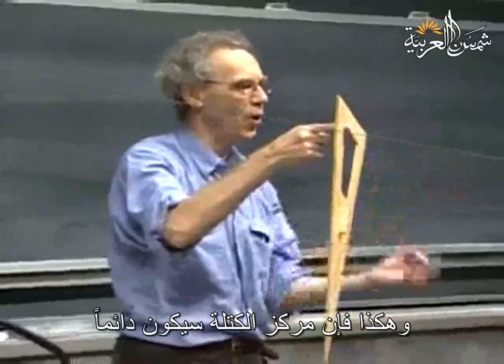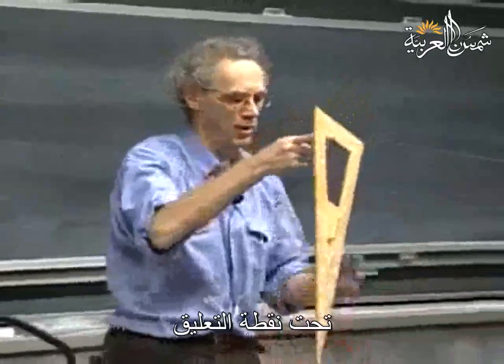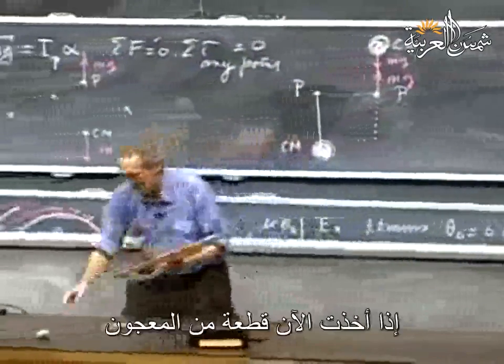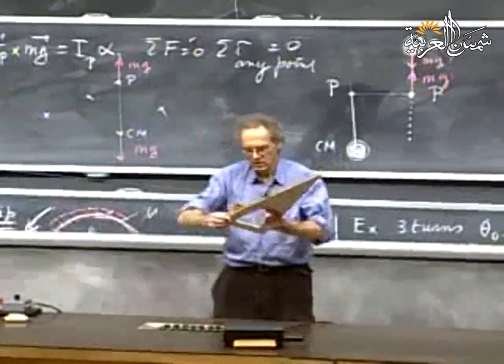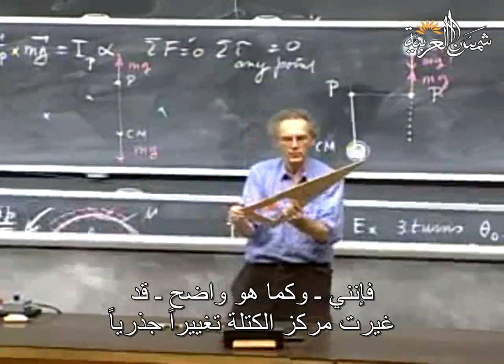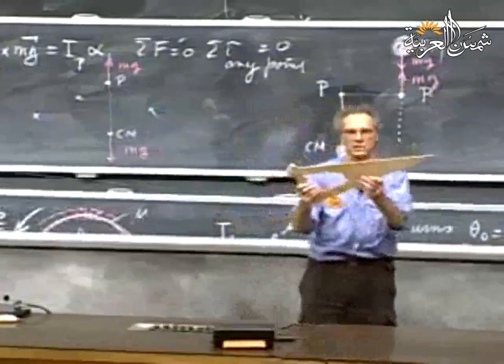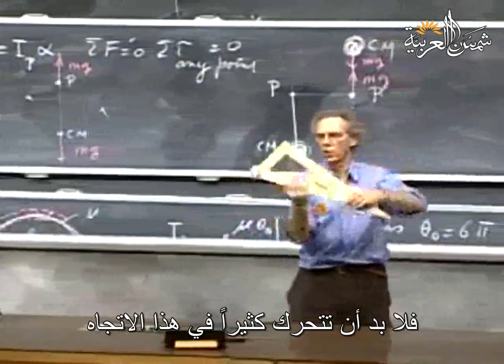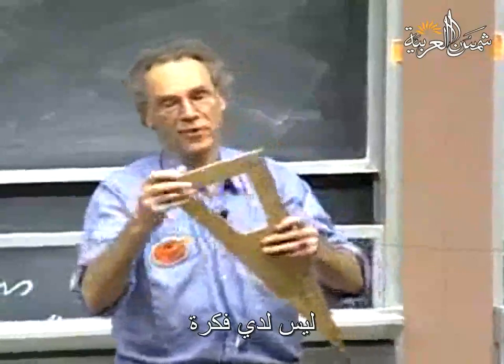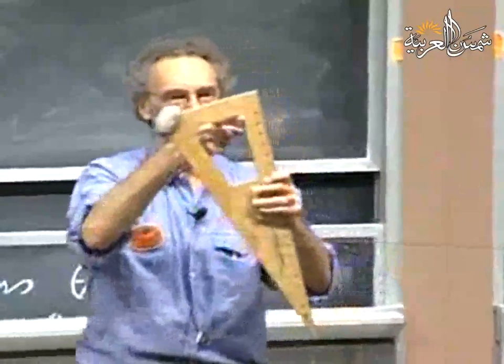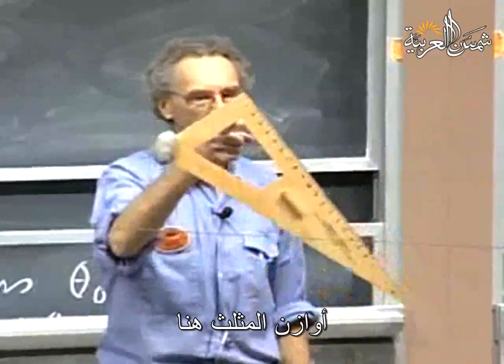So the center of mass will always find itself below the point of suspension. If now I take a piece of putty, and I put a piece of putty here, then clearly I change the location of the center of mass quite substantially. It must have shifted enormously in this direction. Where is the center of mass? I have no clue. But look, I balance it here.